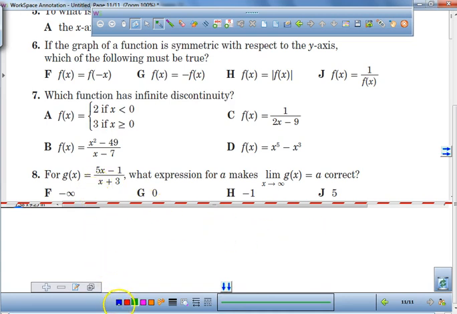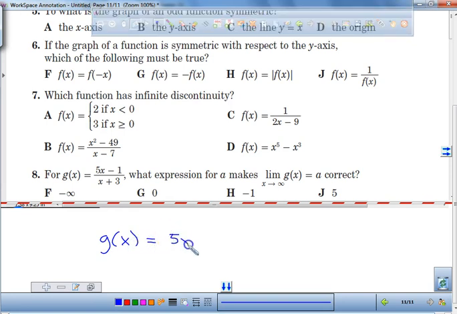Right now, it says, for g of x equals 5x minus 1 over x plus 3, what expression for a makes this correct? So here we go.